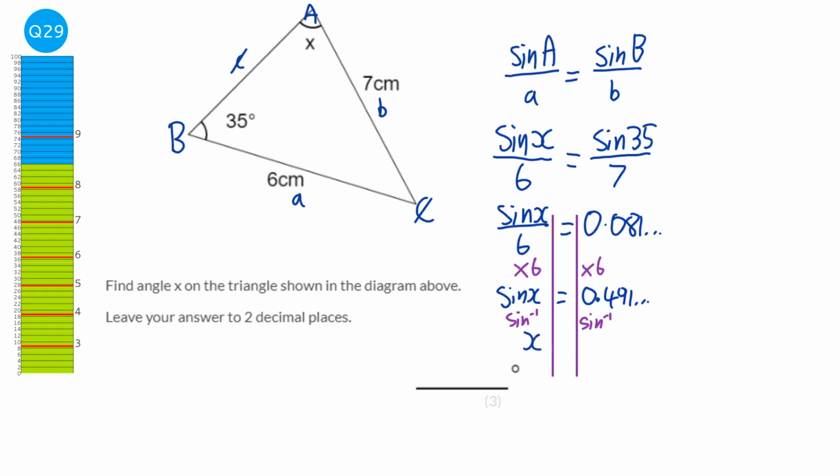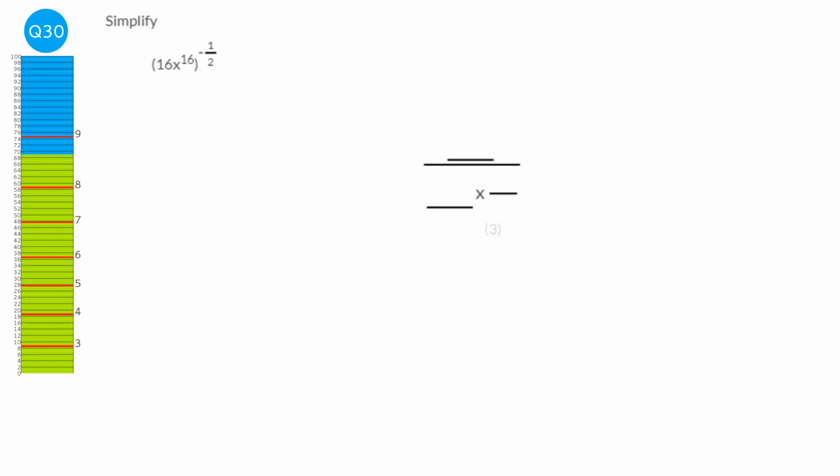And so we have x equals 29.448... And our answer wants to be rounded to 2 decimal places. So we're going to put our answer as 29.45 degrees.